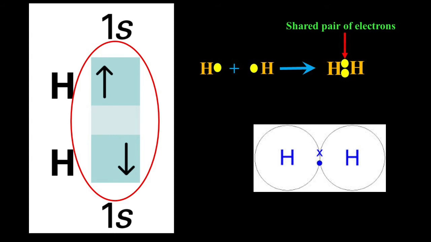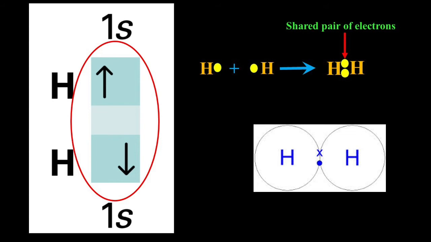Here is hydrogen, and here is the bonding structure. Look at the two fillings of hydrogen in the 1s. You're just simply combining the two in opposite spins, and you're creating a single covalent bond as a result.